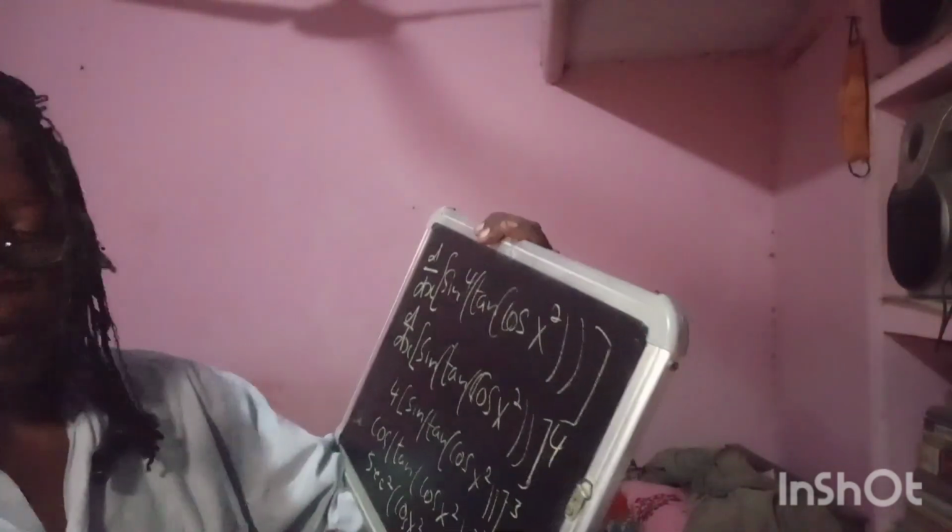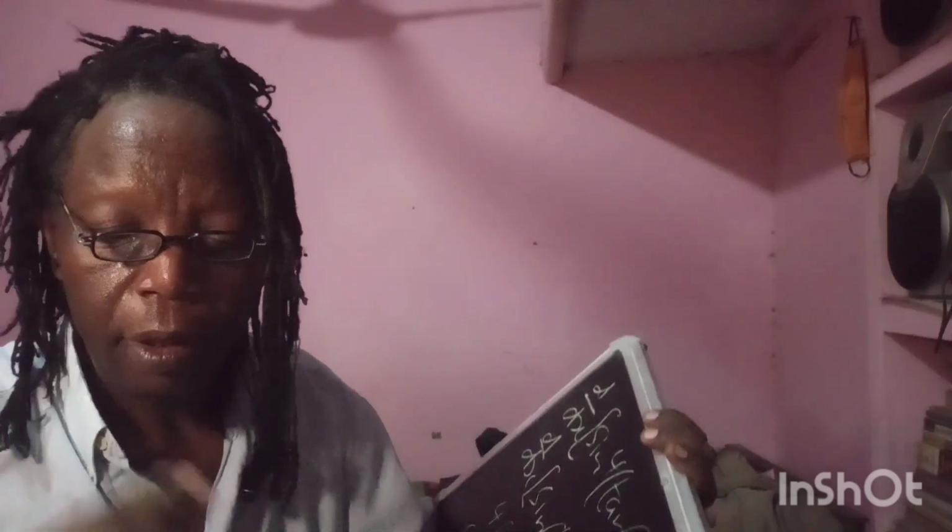Then we are going to have secant squared into cosine x squared, into sine minus sine x squared, into, now the last part that we have, 2x.